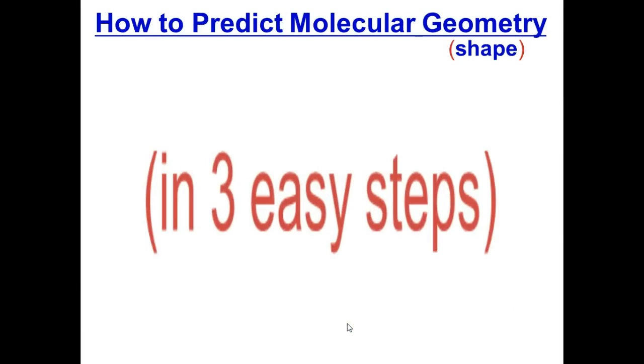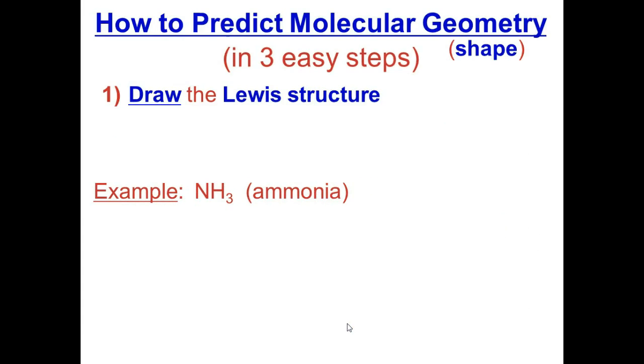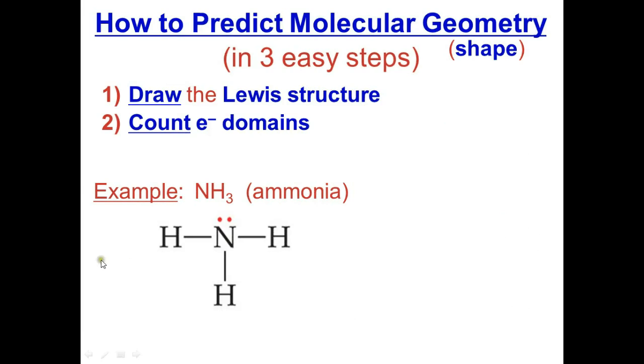And then pretty much the way you predict them is first we have to draw the Lewis dot structure, which we learned about in the first video of covalent bonding. And then after we draw the Lewis structure, we have to count the electron domains and get that little formula. So A is the middle one, B is the number of bonds, and E is the number of lone pairs.